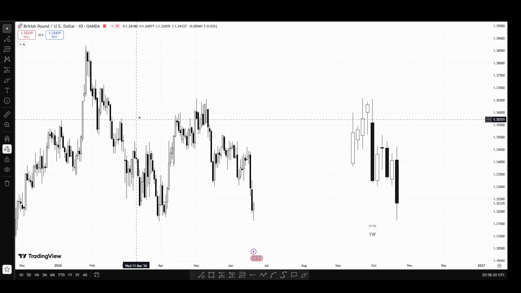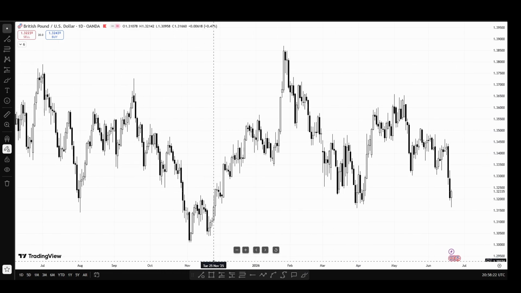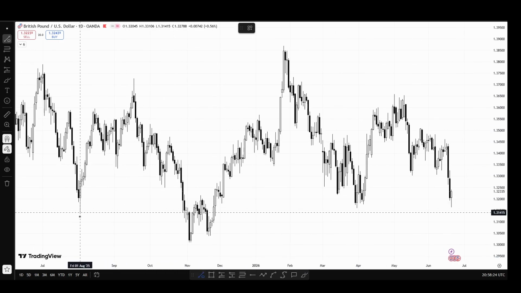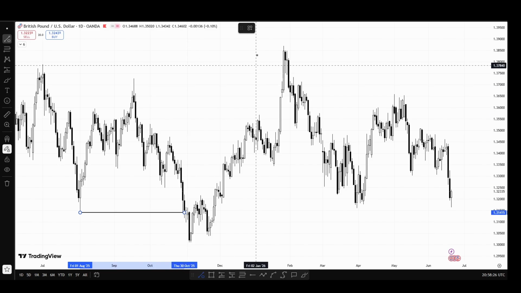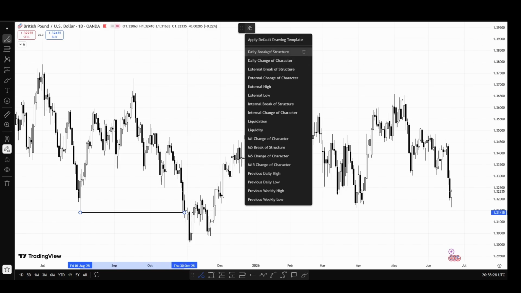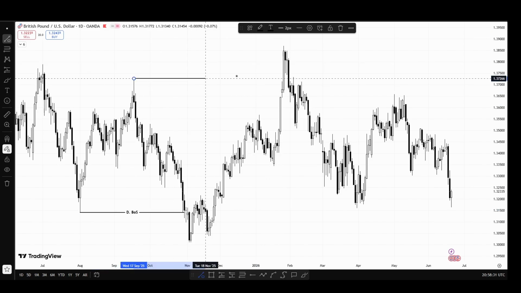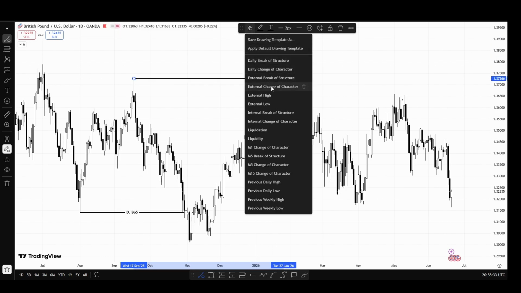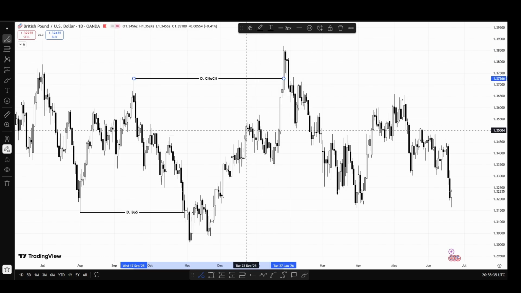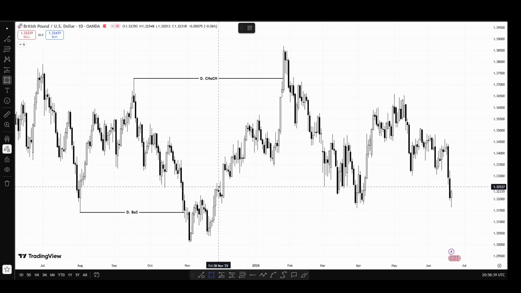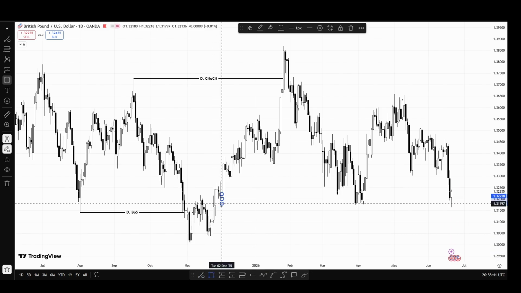So on the GBPUSD, you can see we had this break of structure to the downside here. So daily break of structure to the downside. We had this change of character to the upside. Okay. So after that change of character to the upside, you can see price mitigating this other block here.